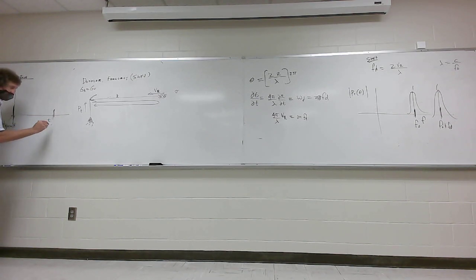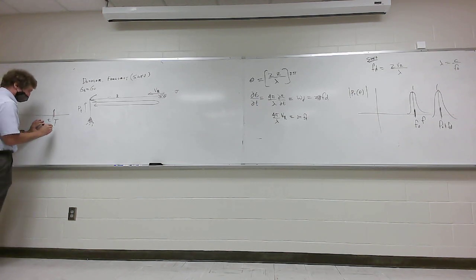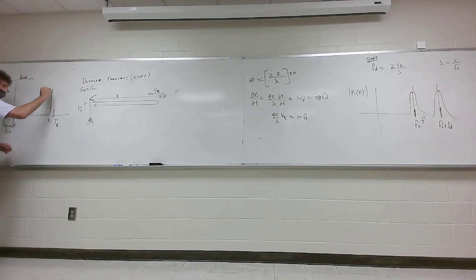And all of a sudden, T here would be the round trip time. I'll call it TR. So I'd see something like this. You with me? This is really what'll happen.